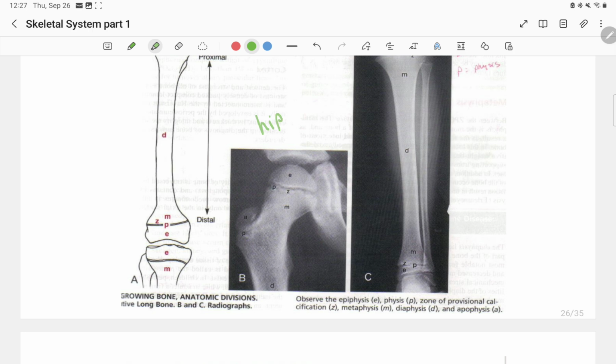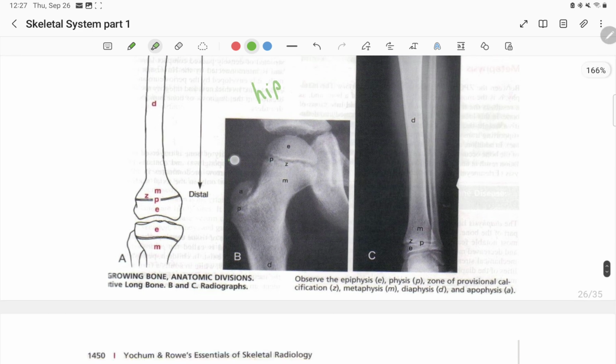In this X-ray, you can tell that it is youth bone because you can see the growth plate. You can see the line going through that femur head right there. There's also a growth plate here and a growth plate there. So even if you didn't know the history or the age of the person, just by looking at the film, you can tell it's youth bone.